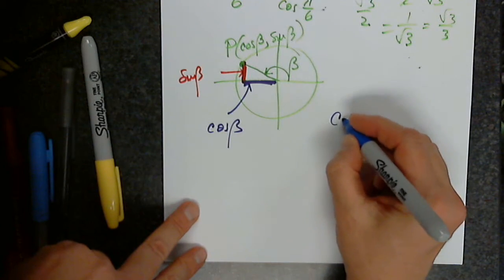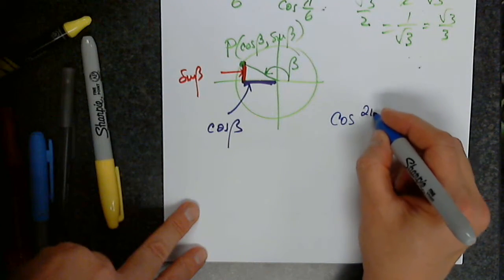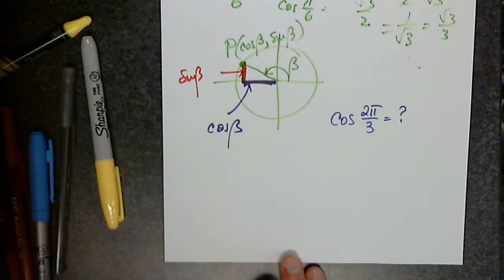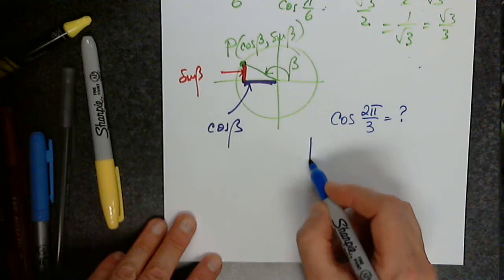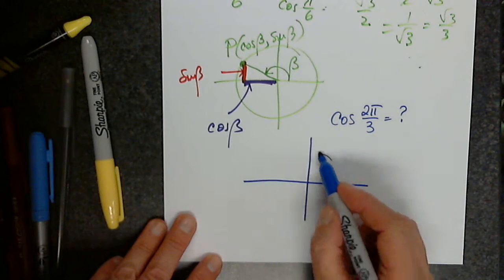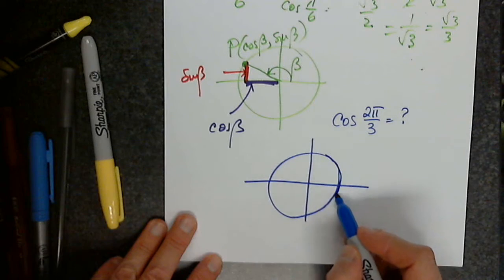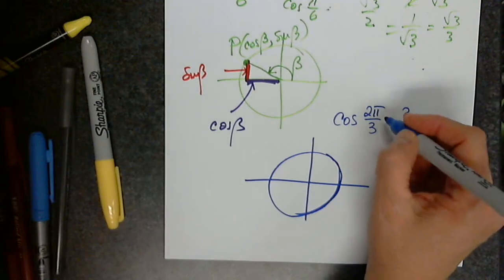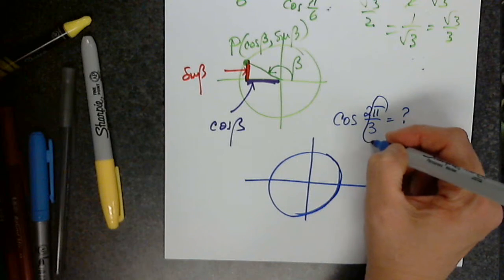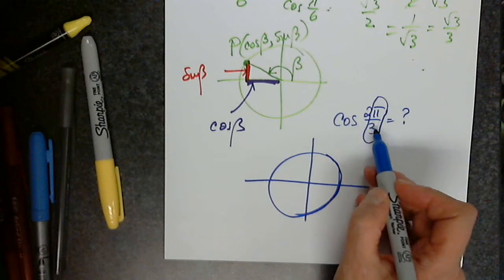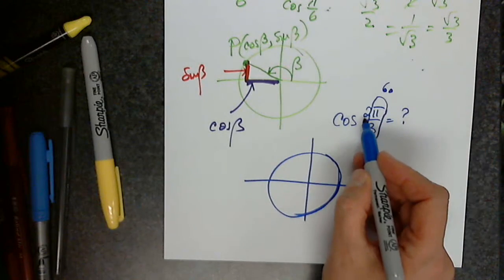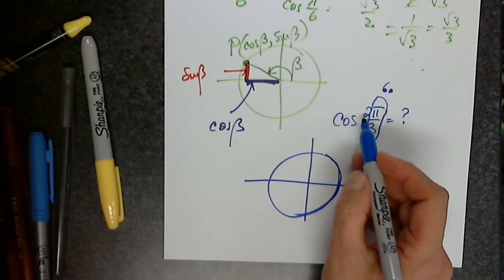Let's suppose I'm asked to find cosine 2 pi over 3. First of all, I have to identify the quadrant, because I don't know where this ends. It's kind of hard with pi in it. But I know what this is. What angle is this? 60 times 2, which is 120.